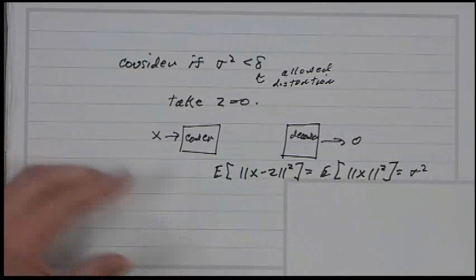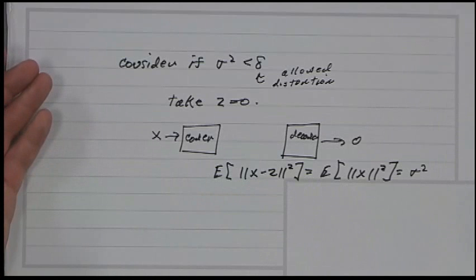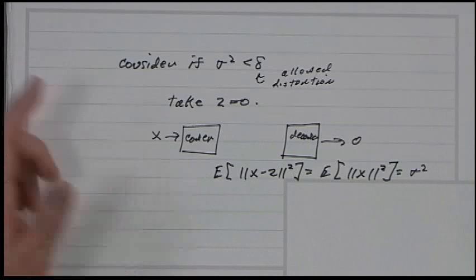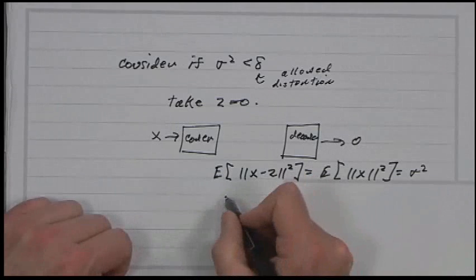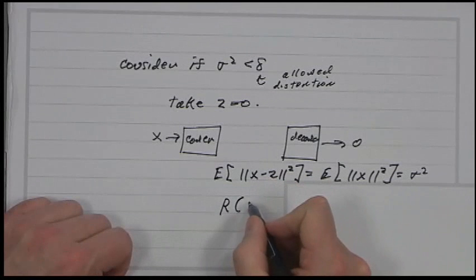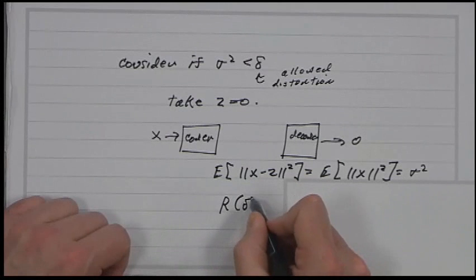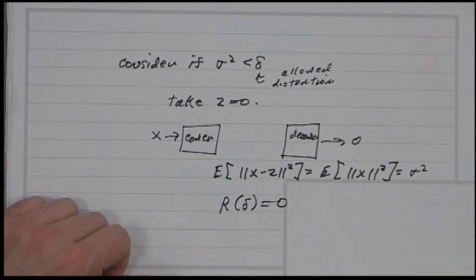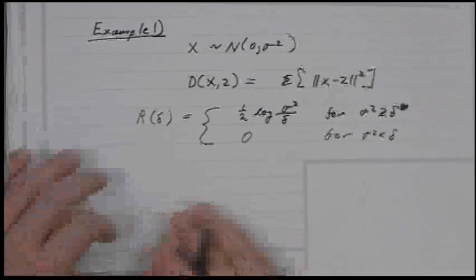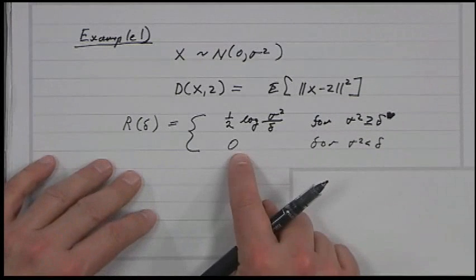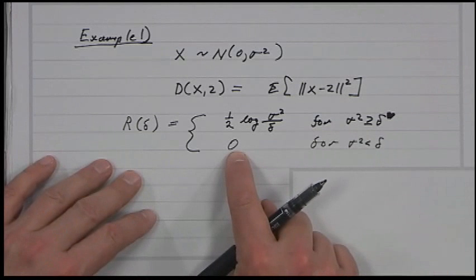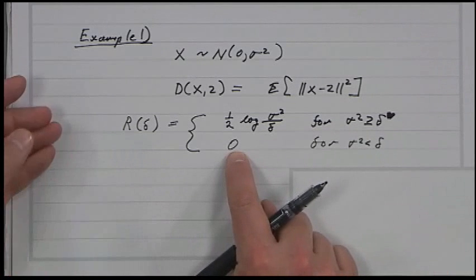So if I always guess 0, I'm wrong on average by sigma squared, because that's how much it varied in the first place. And the rate is 0. So the rate at delta equals 0, that's this part of the equation. If sigma squared is less than delta, I don't send any bits, the rate is 0, and the distortion bound is met.